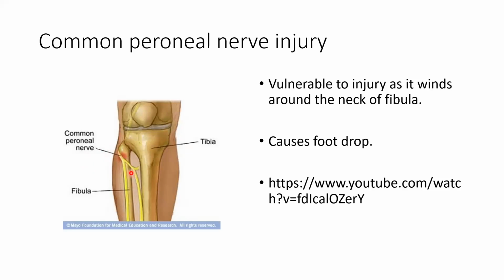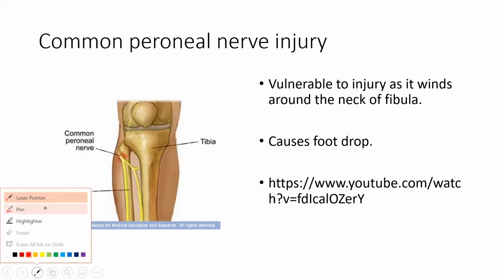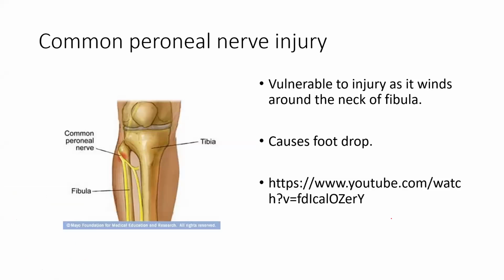This nerve is responsible for supplying the anterior compartment muscles and the lateral compartment muscles. The anterior compartment muscles are involved in dorsiflexion of the foot, and the lateral compartment in eversion of the foot. So I hope you know what inversion and eversion are, right?